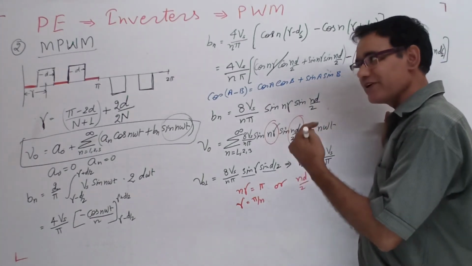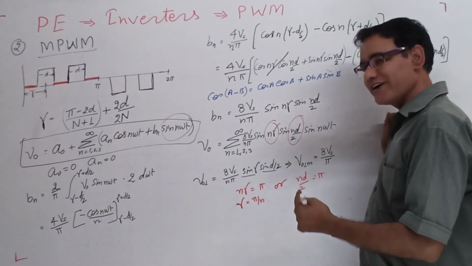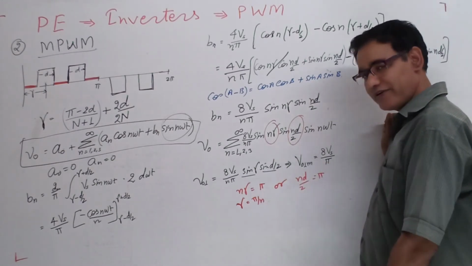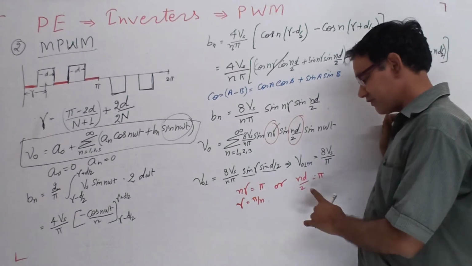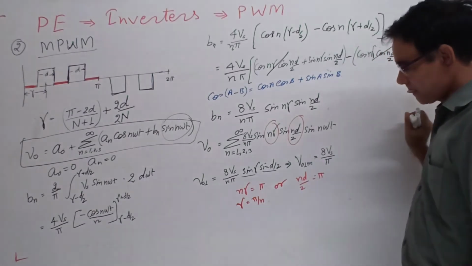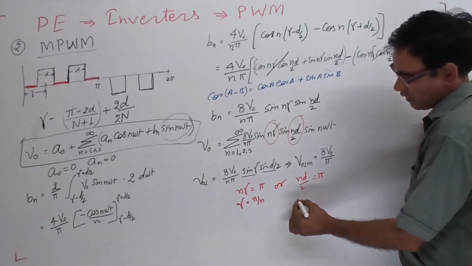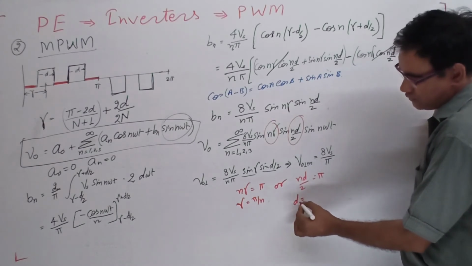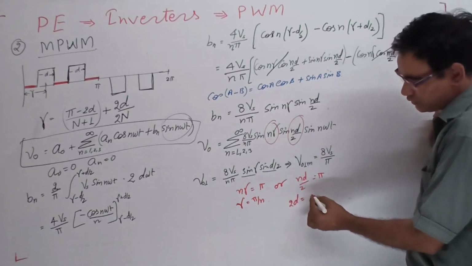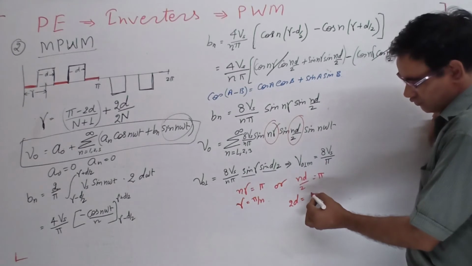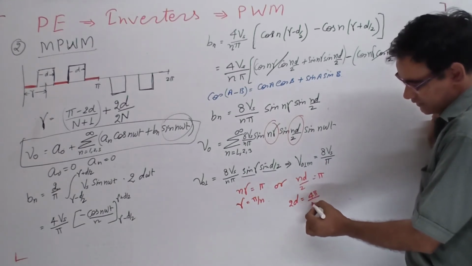So gamma is in between. If we want to eliminate the third harmonic, then pi by 3, so there will be 3 waves. Otherwise, 2d, the pulse width, is equal to 4 pi by n.